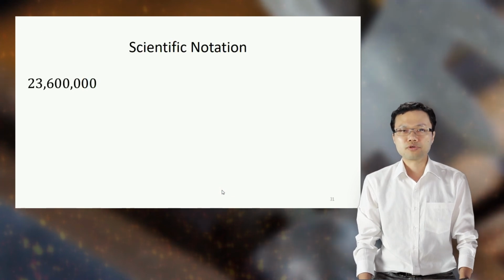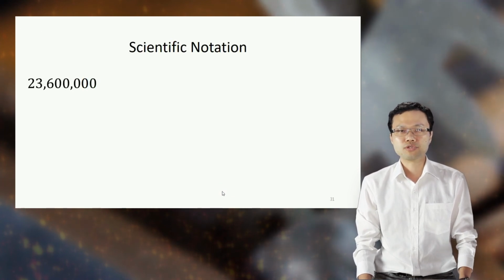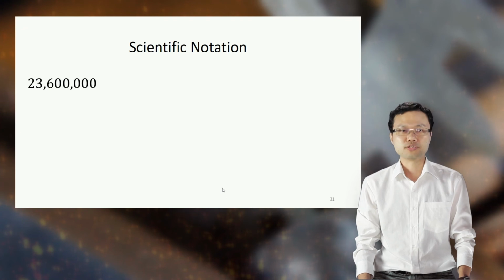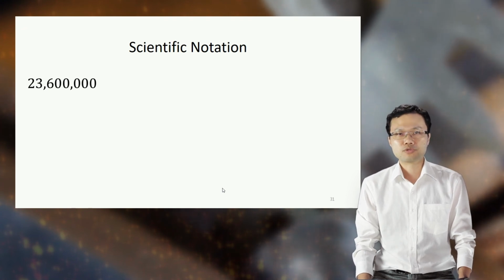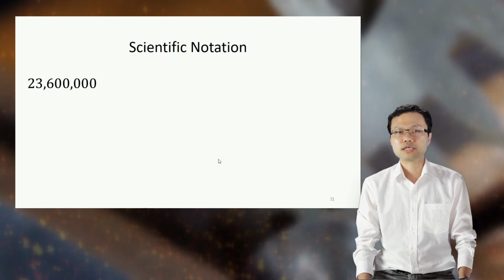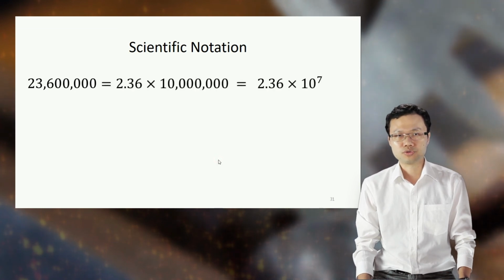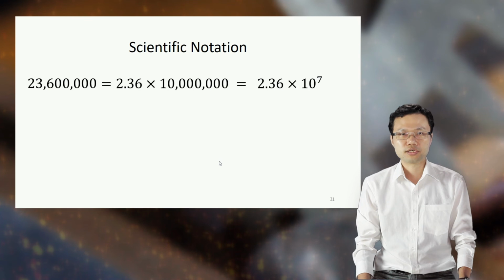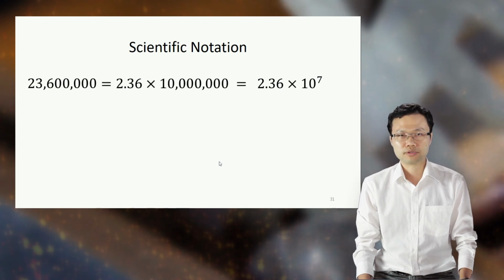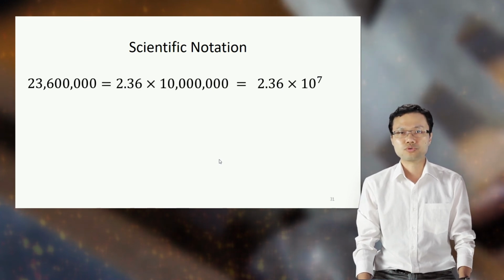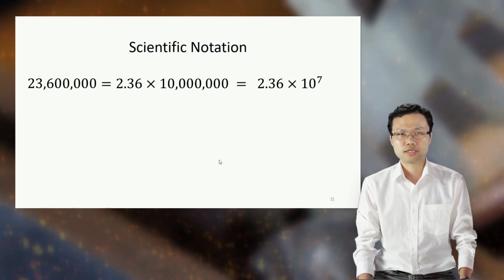Here are some more examples of writing numbers in scientific notation. The number 23,600,000 can be decomposed into 2.36 times 10 million, which equals 2.36 times 10 to the 7th power.